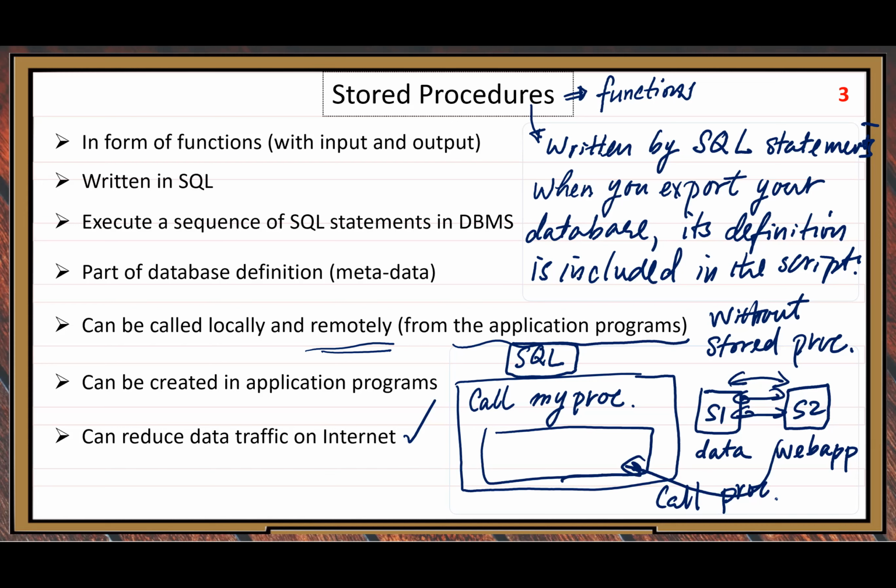Then all the data operations, queries, and processing work are executed inside the database server. The database server does not need to send intermediate results back to the web server, so it reduces a lot of traffic. Intermediate data is not necessary anymore, right?